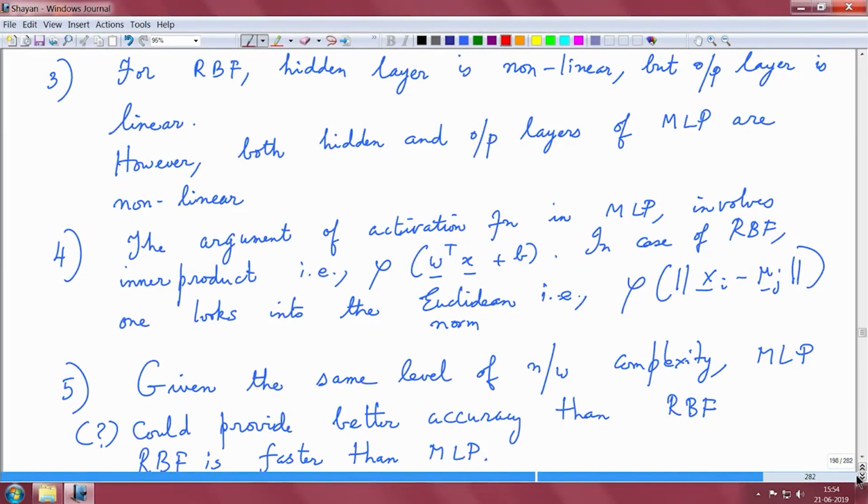For the RBF network, the hidden layer is nonlinear, but the output layer is linear. This is an important structural change. Hidden layer is nonlinear, whereas output layer is linear. However, both hidden and output layers of a multilayer perceptron are nonlinear.